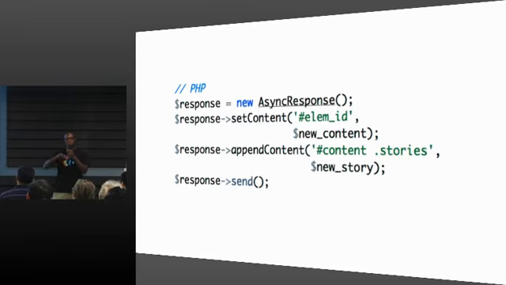You can call those from PHP, pass it a selector and some markup, and when that response reaches the client, it'll execute it. And you can replace whatever you want in the page. So again, this is really powerful because as long as you can get an AJAX request to our server, it can do whatever it wants to the page without adding any new JavaScript that blocked that page loading.